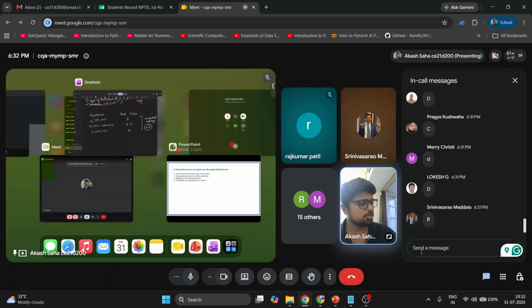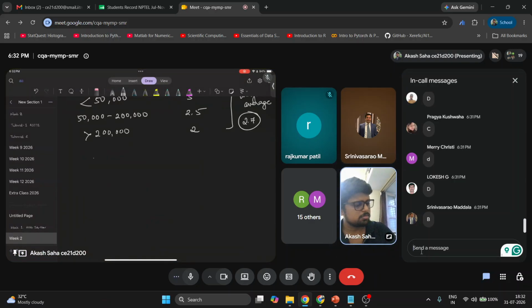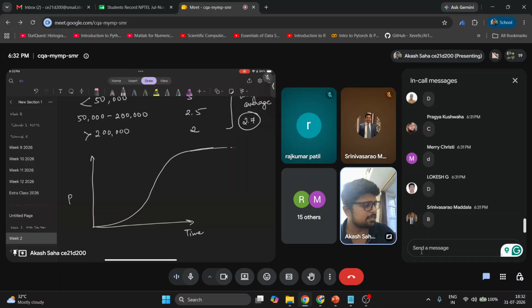So for logistic growth model, let's say we have time and population here. It is somewhat like an S shape. After a certain point, it attains saturation. It cannot go beyond this point. The population will be kind of constant, the growth rate will become zero. So this is the population carrying capacity of the system. Beyond this point, it cannot grow.